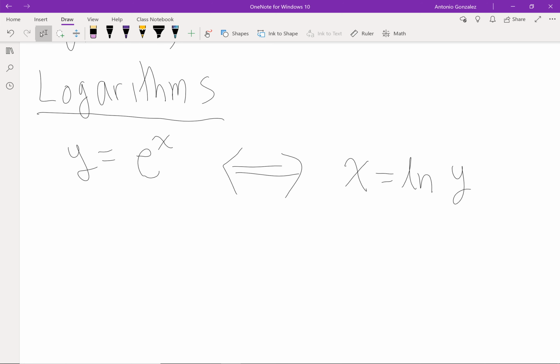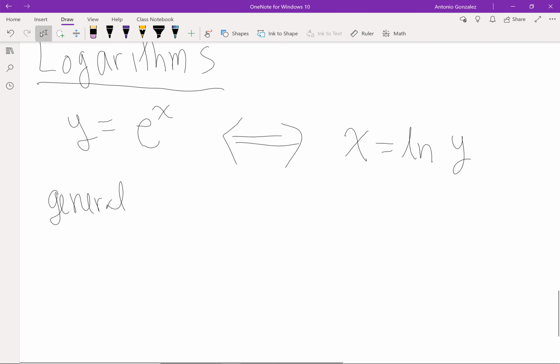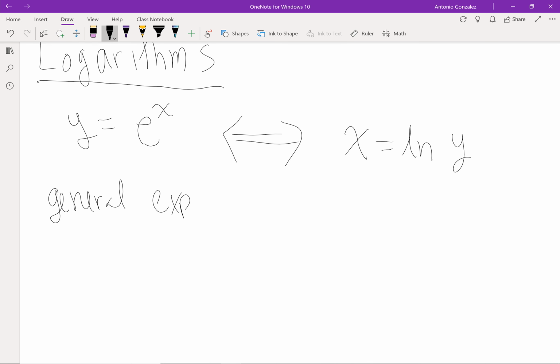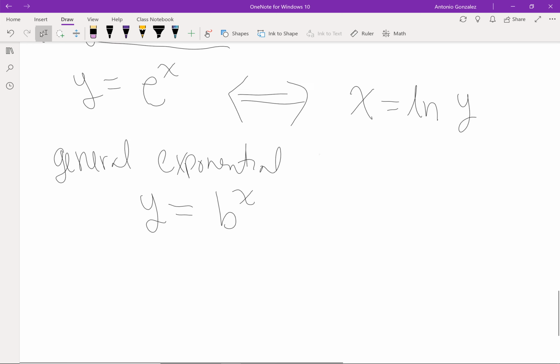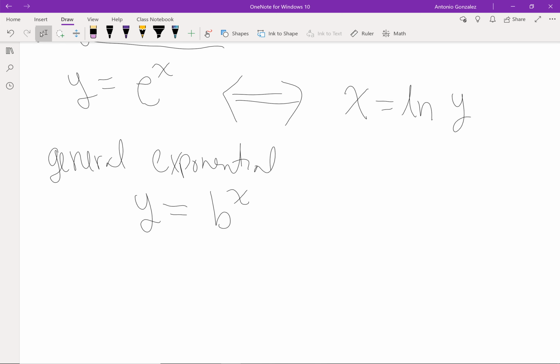So now let's look at the general form. Let's say that y is equal to b to the x.